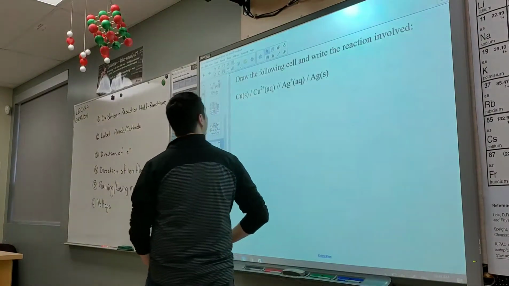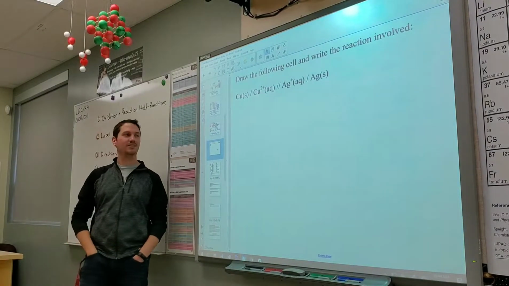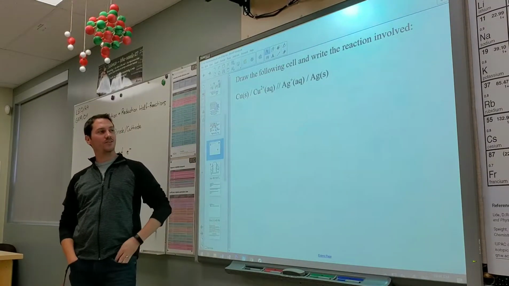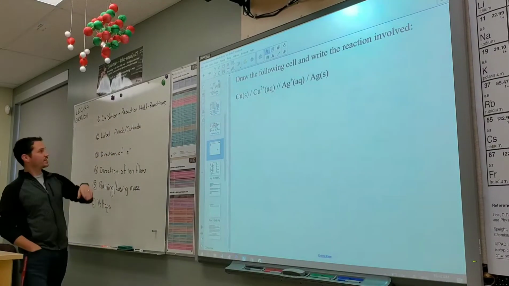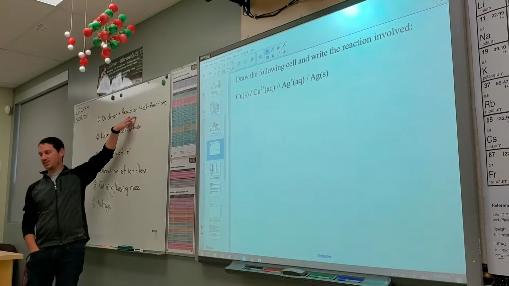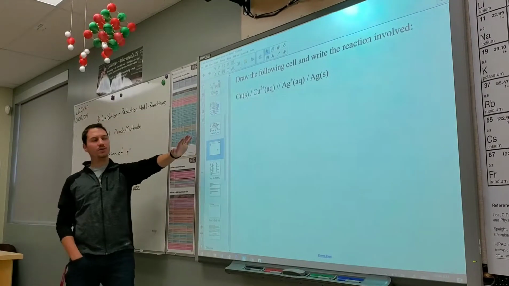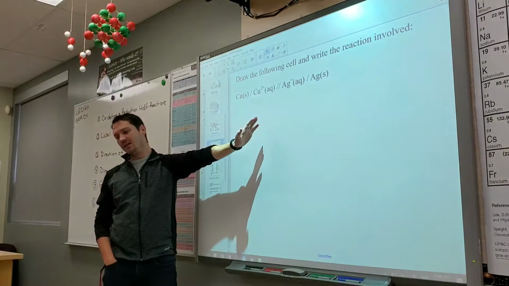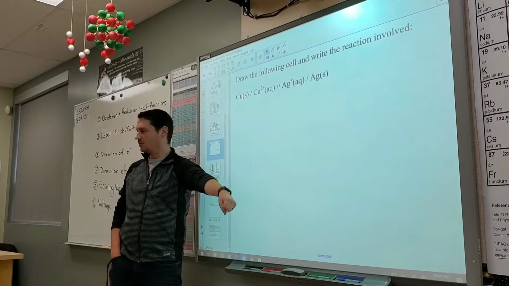Okay, draw the following cell and write the reaction involved. That's what I want you to do right now. Also, we should have said that because you have the oxidation and reduction half reactions, you can get the net reaction. So I want you to put copper and copper ions on one side, and silver and silver ions on the other side.